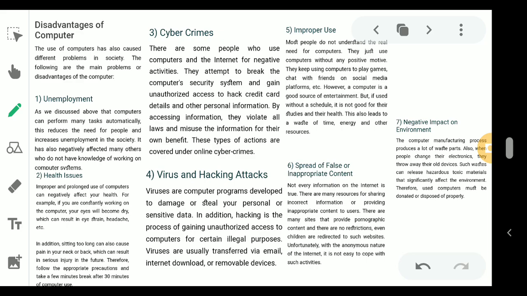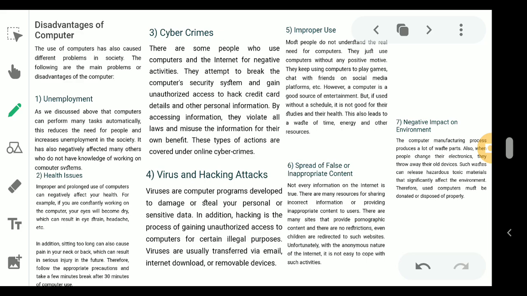Okay, so the number one drawback is unemployment. As we discussed, the computer can perform many tasks automatically, so this reduces the need for people and increases unemployment in society. It has also negatively affected many others who do not have knowledge of working on computer systems.